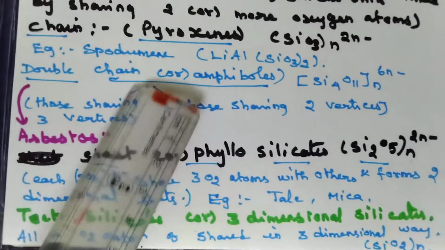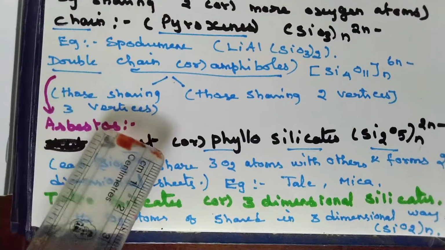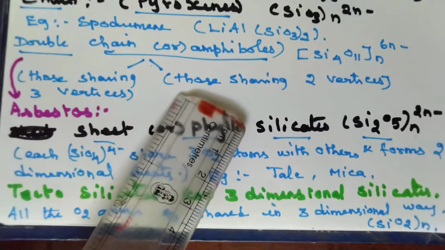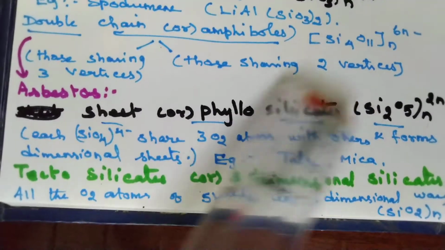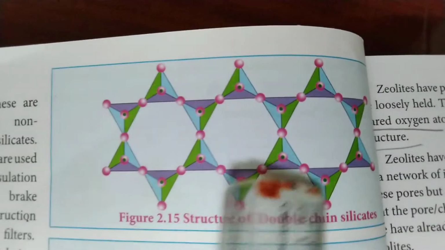It is classified into two. One is the double chain silicate sharing 3 vertices. Another one is the double chain silicate sharing 2 vertices. Example, asbestos. Look at this structure. This is the double chain silicate.